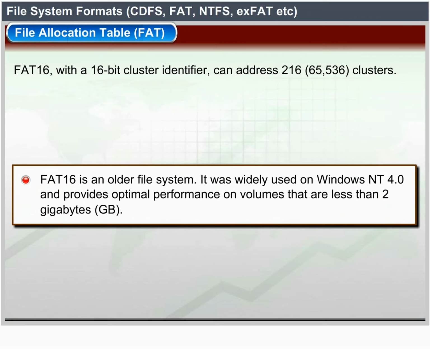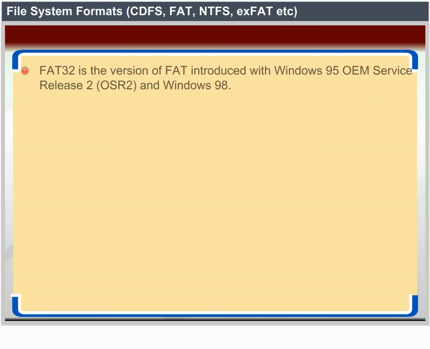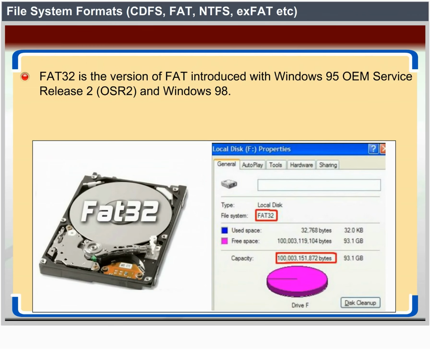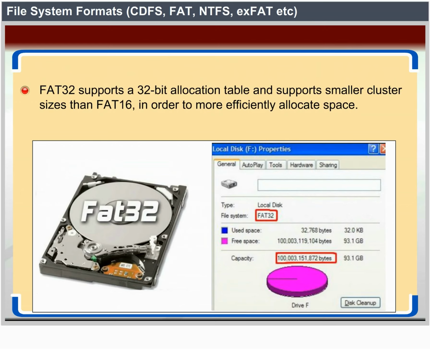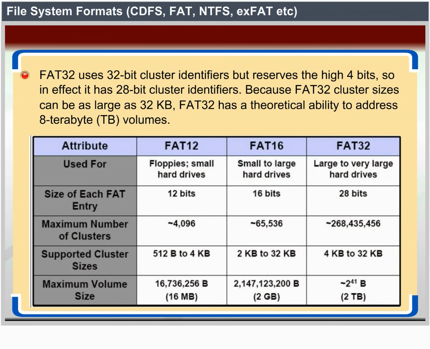FAT32 is the version of FAT introduced with Windows 95 OEM Service Release 2 (OSR2) and Windows 98. FAT32 supports a 32-bit allocation table and supports smaller cluster sizes than FAT16 in order to more efficiently allocate space. FAT32 uses 32-bit cluster identifiers but reserves the high 4 bits, so in effect it has 28-bit cluster identifiers.